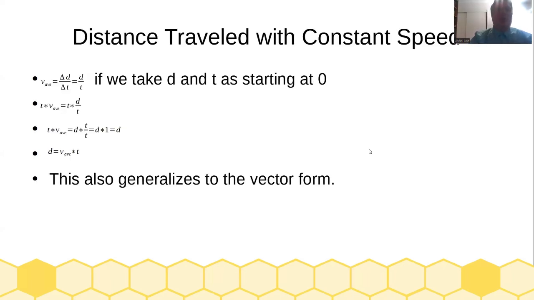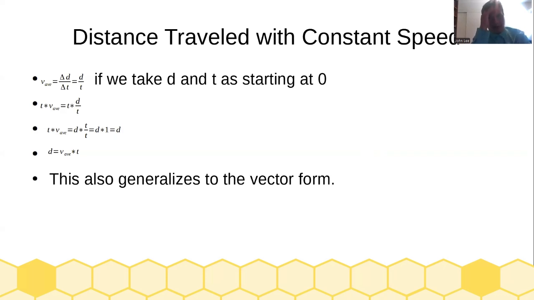At this point, we have a pretty good understanding of rates of change of velocity and speed versus distance and position. But how do we solve for distance if all we know is that speed is equal to the distance traveled over time? Well, to do this, we have to do algebra.